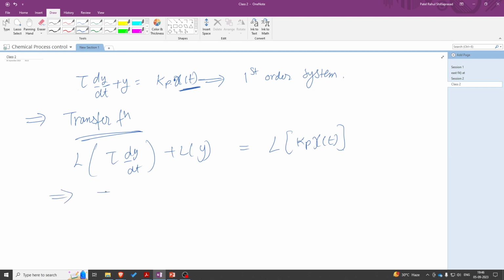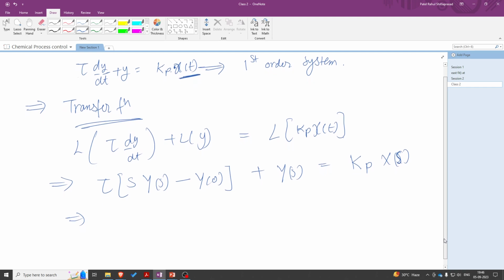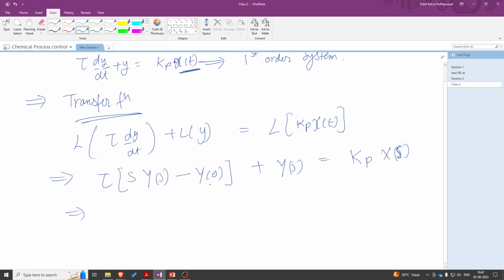We studied in the previous class that the Laplace transform of the derivative will be s y of s minus y of 0, plus this will become y of s, is equal to Kp into x of s. Now if we treat y as the deviation variable, we can treat the initial term as simply 0.